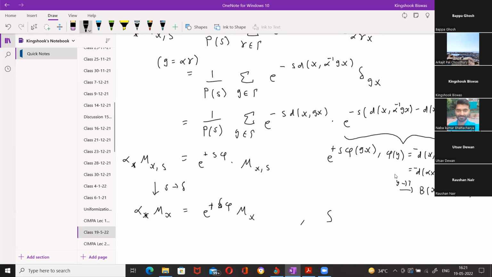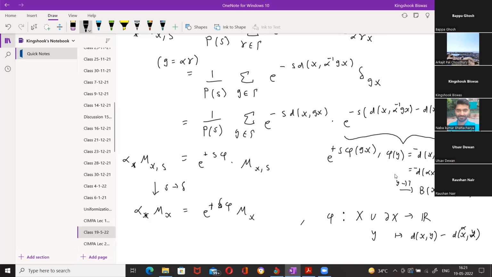Where phi is a function from x union boundary x to R, so y maps to distance(x, y) minus distance(alpha x, y).